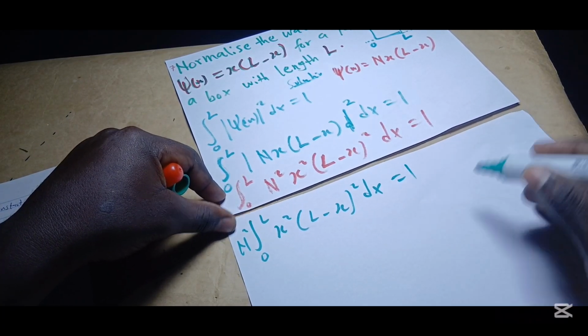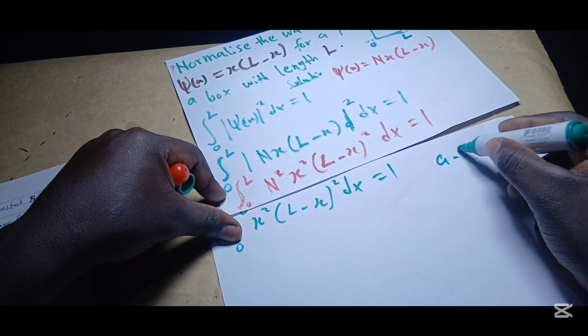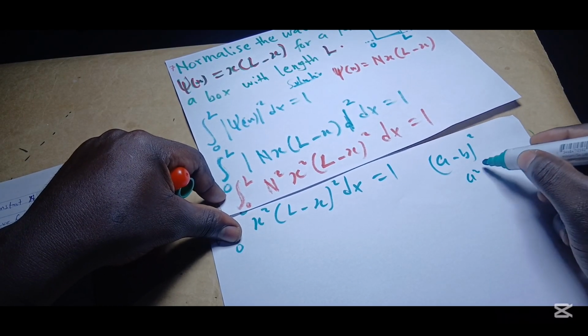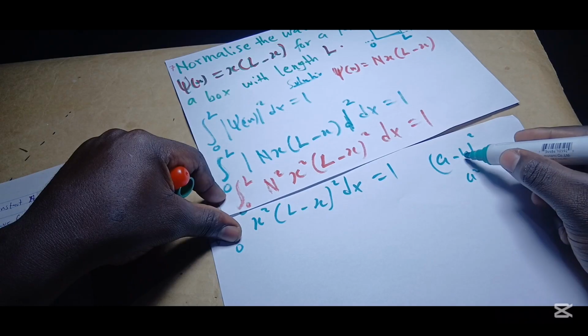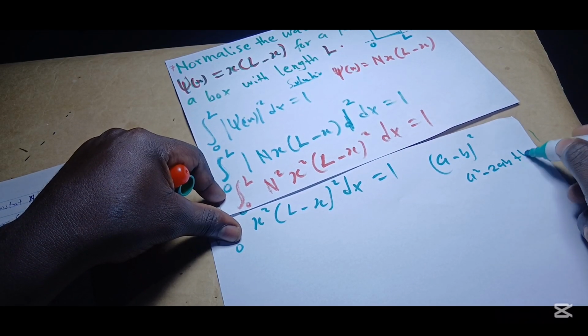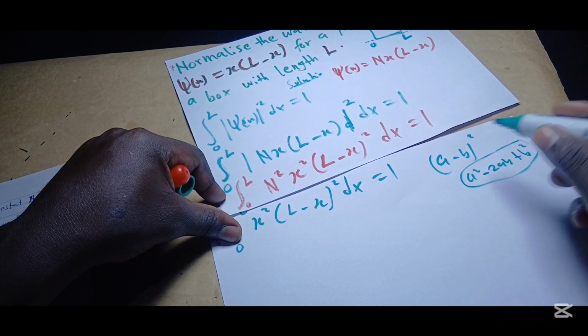dx equal 1. If we have a term a minus b to the power 2 and we want to simplify it, we square the first term a to the power 2, and we multiply 2 by a by minus b, giving us minus 2ab, and we square the last term b squared. So let's apply this idea here.